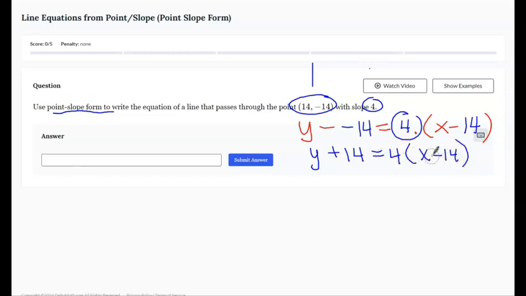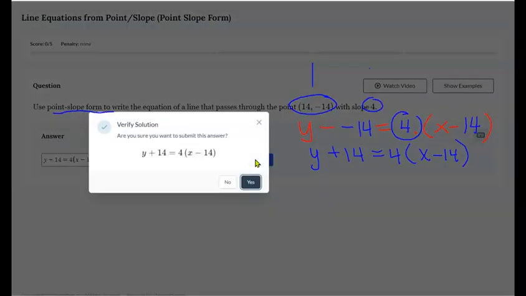And you can type exactly this sentence into the answer box. Y plus 14 equals 4 parentheses x minus 4. You don't need to do any other simplification or manipulation.